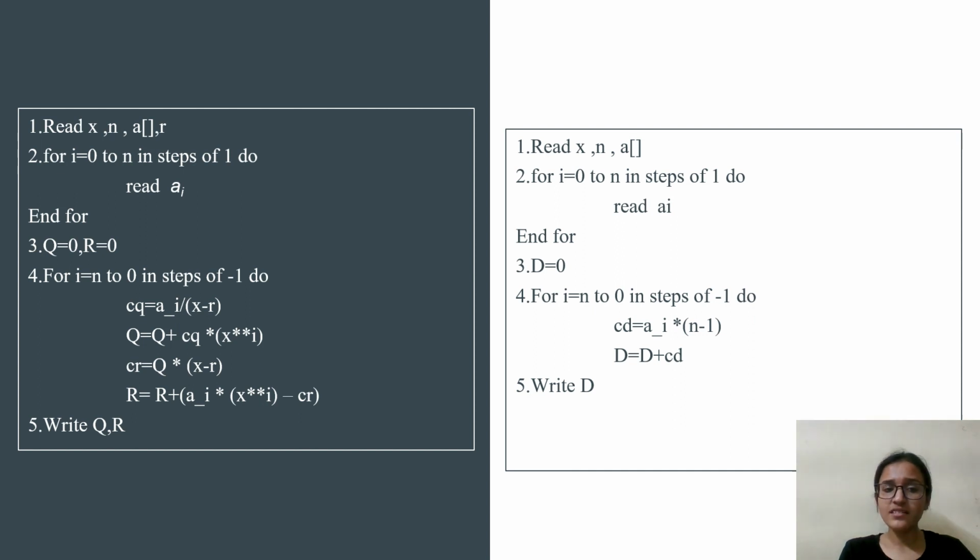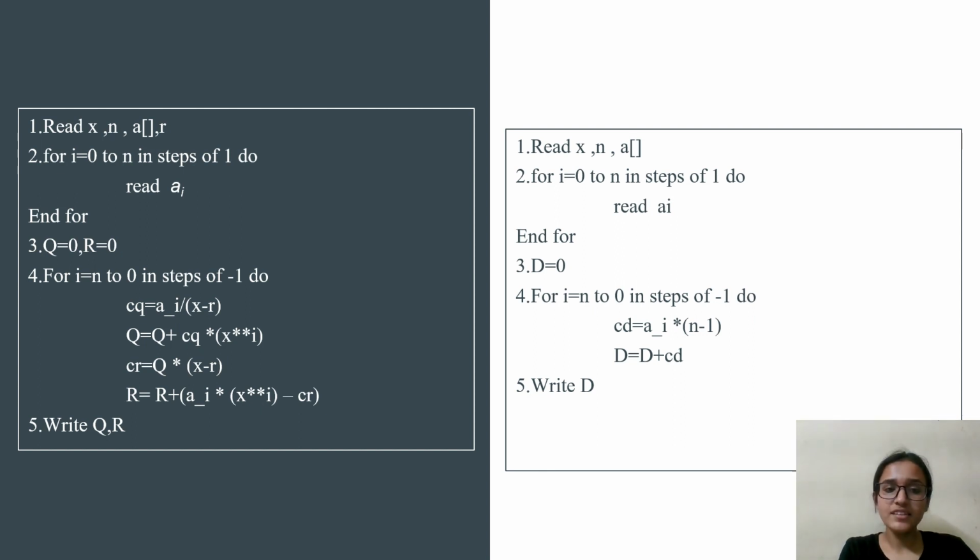We have initialized some variable to 0, and q, that is the quotient variable, and r, the remainder variable. Both have been initialized to 0. And from the highest to lowest degree, we will be computing the value of the current term of the quotient, that is CQ, by dividing the coefficient by x minus r.